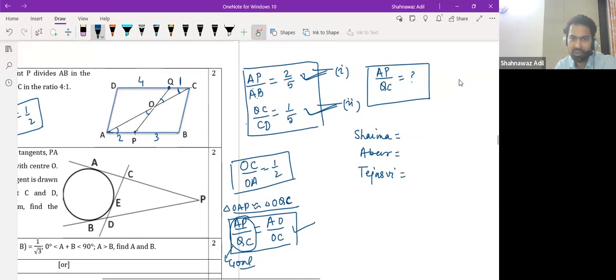Did you guys get the information? So Abir is saying AB equal to CD. This is the information that we will use. Tejasvi and Shaima, are you agreeing to this? Yes.